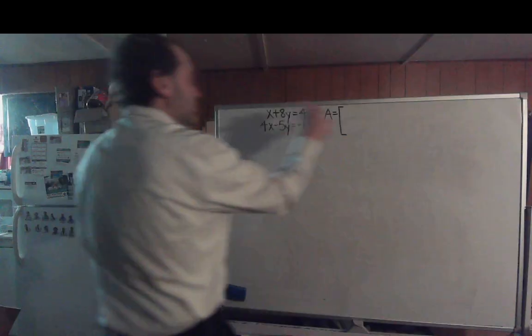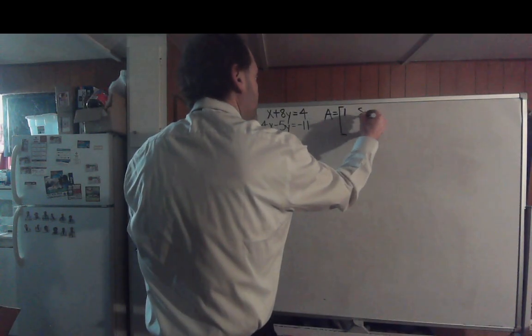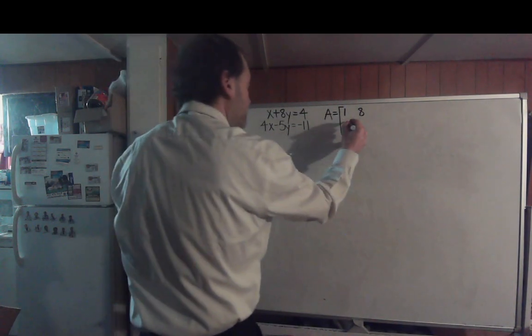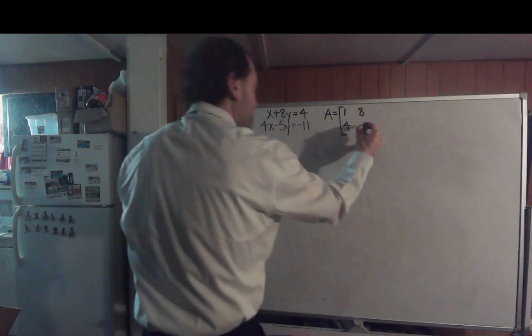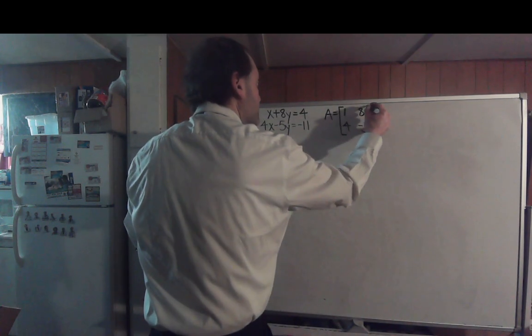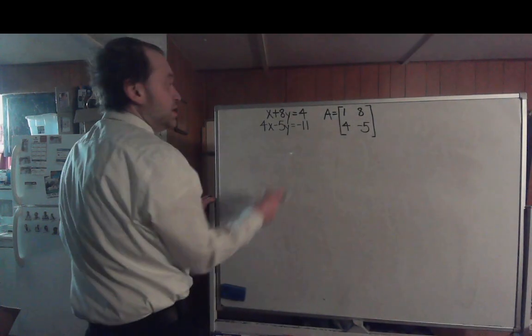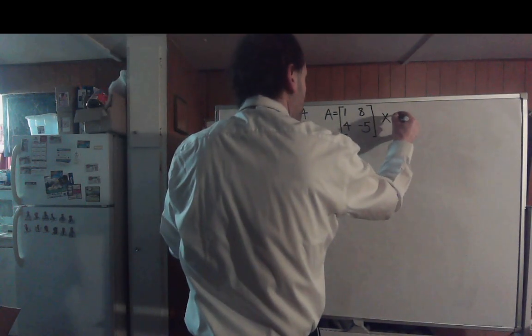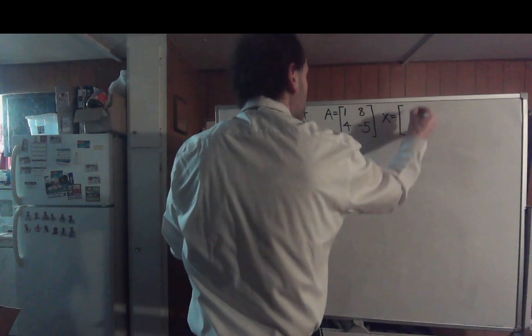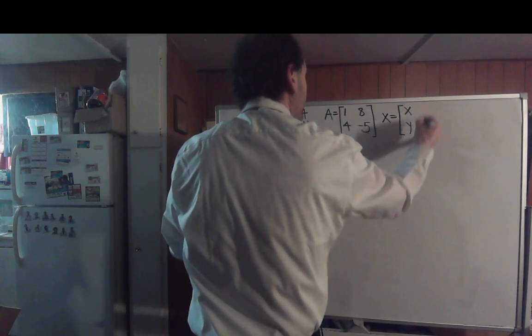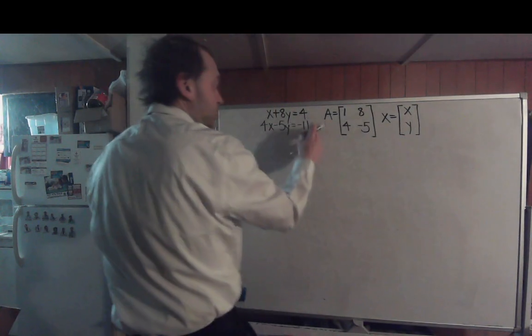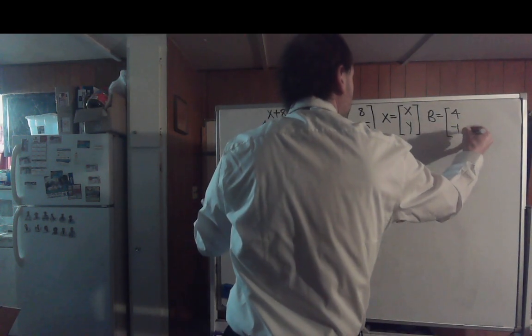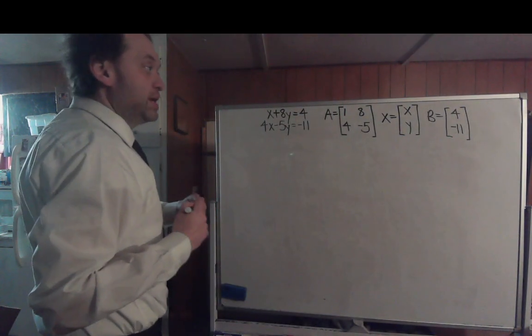So in the first row, you'll have 1, then 8. Your second row, you'll have 4, and then negative 5. So there's your A matrix. Your X matrix is a 2 by 1 with simply the variables x and y. Then your B matrix is everything to the right of the equal signs, which would end up being 4, negative 11. Alright, so there's your three separate matrices.